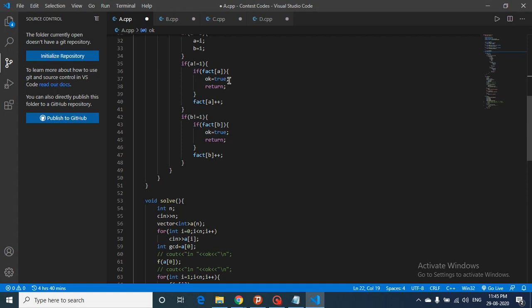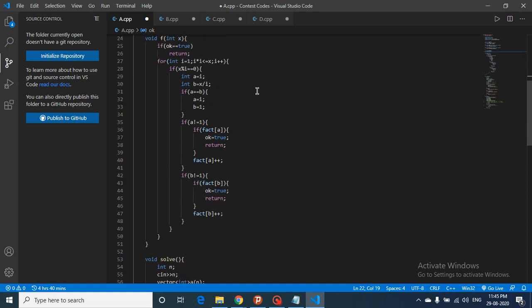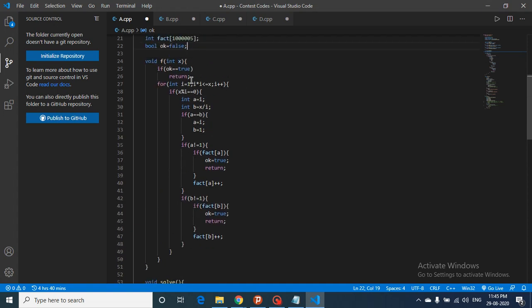So we will make ok equal to true and return, don't check any further. This function is only to find out whether any factor of any number was seen earlier or not.